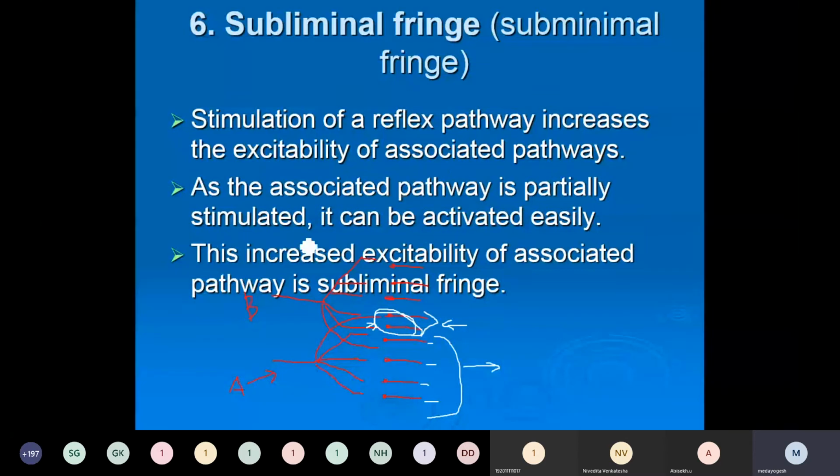As the associated pathway is partially stimulated, it can be easily activated. They are talking about this. This is partially stimulated and can be easily activated. A little stimulus is going to get a response. So this increased the excitability of the fringe neurons. Associated pathway is called the subliminal fringe.